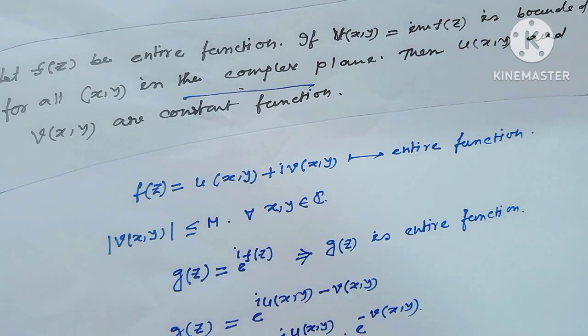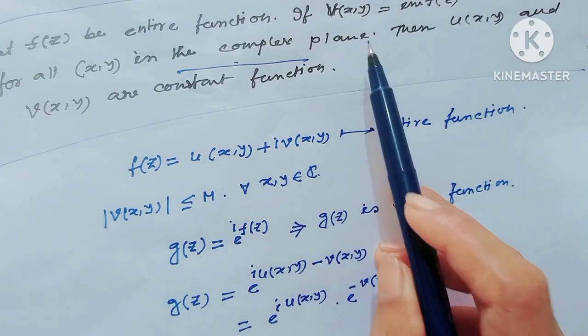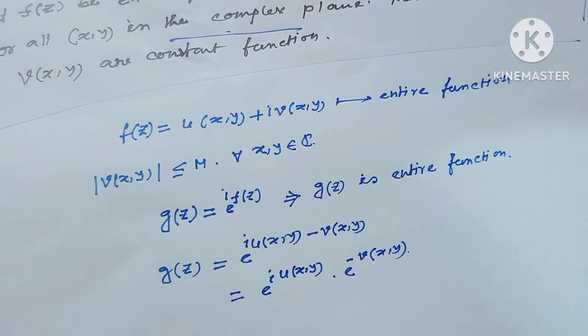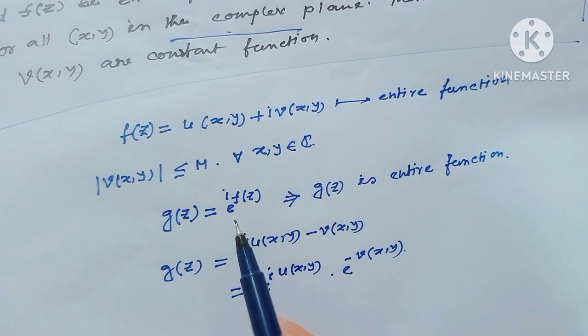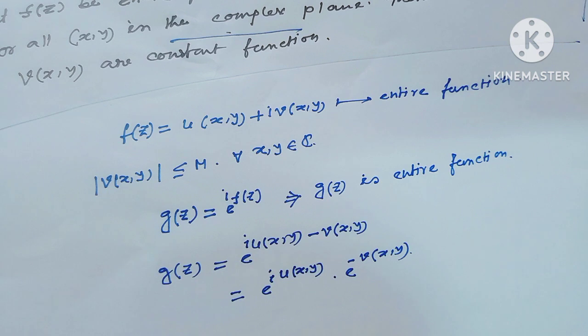But here the consideration is in a different way, since v(x,y), the imaginary part of f(z), is bounded. So consider g(z) equals e to the power i f(z). But here I will consider not only e to the power i f(z), I will also consider e to the power minus i f(z). Why?